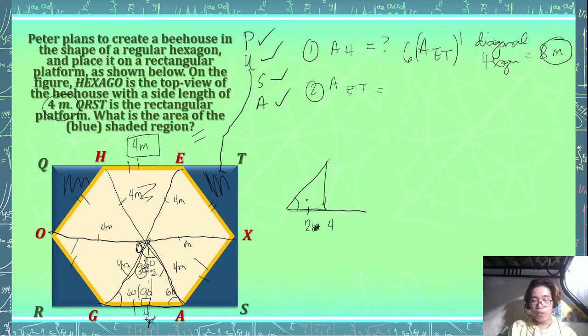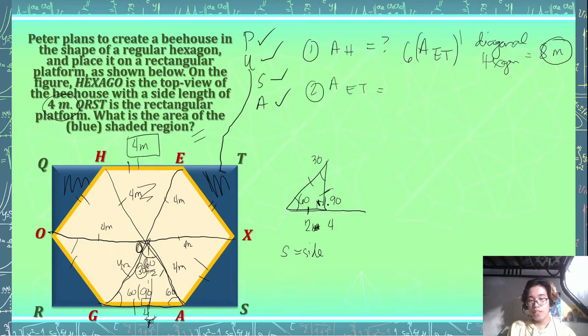Since this is a special right triangle, a 30, 60, 90 triangle, we can find the measurement of these two sides if we know the formula for finding the sides of a special right triangle, specifically a 30, 60, 90 special right triangle. So if we have here the special right triangle with a given side equal to S, the side opposite to 90 degrees is the side measurement of the special right triangle that we have.